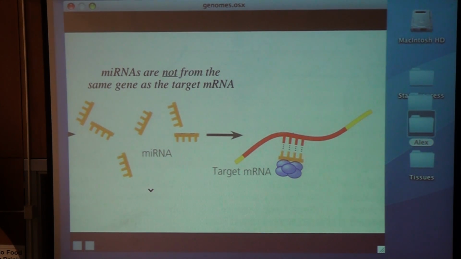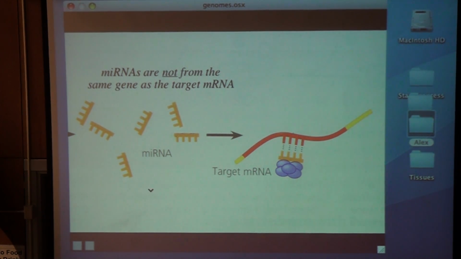That way, for any gene it expresses, it can also express some interfering RNAs for it. All right, so anyway, the point here is these interfering RNAs come from an entirely separate gene whose whole purpose, so to speak, is to make these interfering RNAs to decrease the expression of this original mRNA over here.